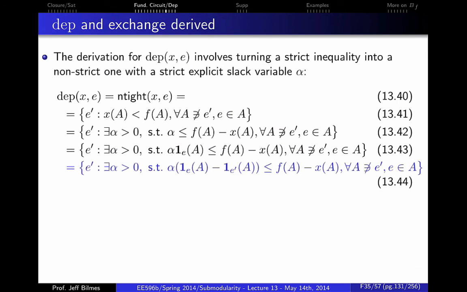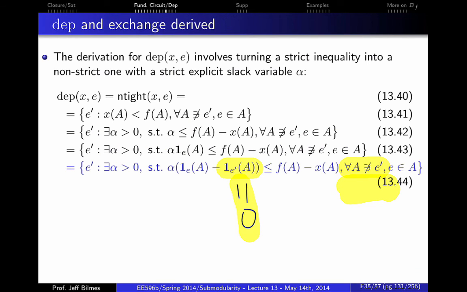Now we're just rearranging things. Actually, no, what we're doing here is we're realizing that this guy is equal to 0. And so we're just adding 0. Why is that? Because we're insisting upon A doesn't contain E prime. So when A does not contain E prime, as in here, this guy has to be 0.